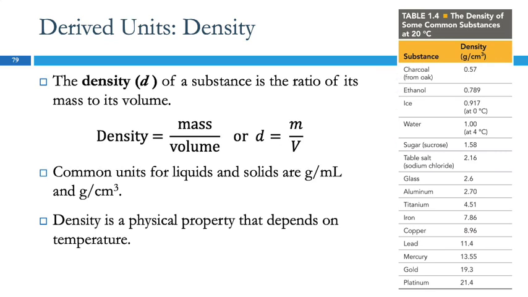The only one that there'd be any point in remembering is this one. Water at 4 degrees Celsius has a density of 1 gram per cubic centimeter, which is the same as 1 gram per milliliter. So there will be times when you'll use that. Other times, like in lab, we'll actually be looking up the temperature of our water and what its density is.